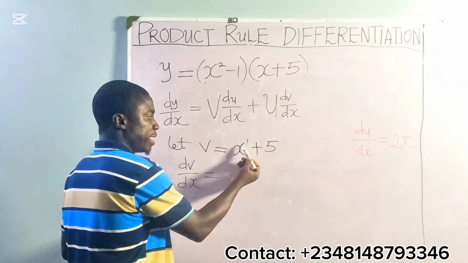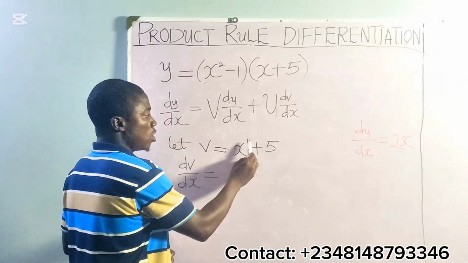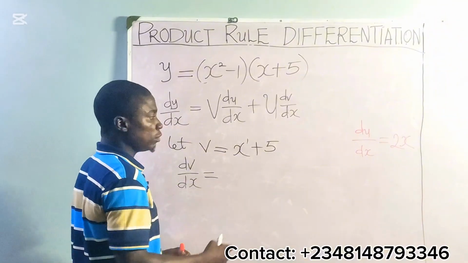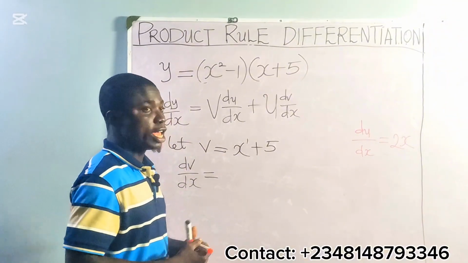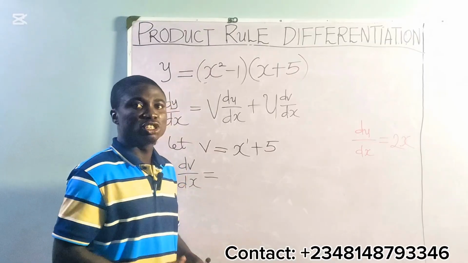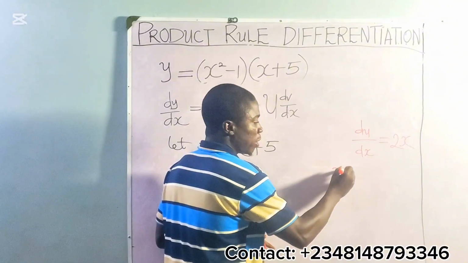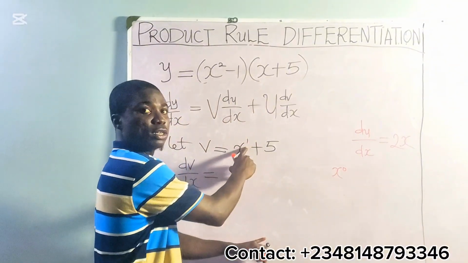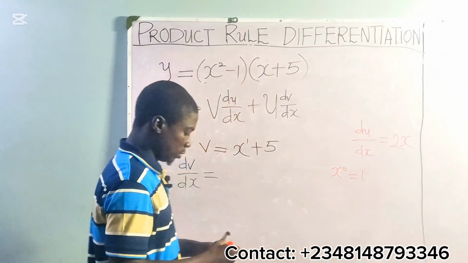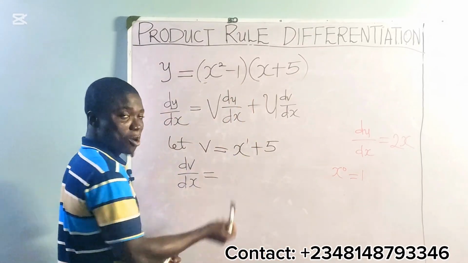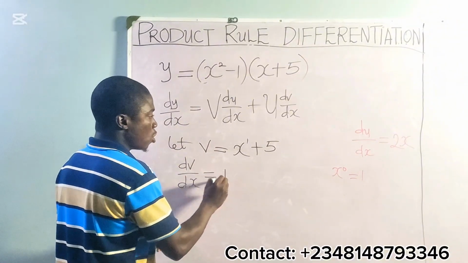If you multiply x by its power, 1 multiplied by x is x, and 1 minus 1 is 0. According to the zeroth law of indices, any base raised to power 0 is 1. So x is raised to power 0 here, so it is equal to 1. So 1 multiplied by 1 is 1. So dv over dx is equal to 1.